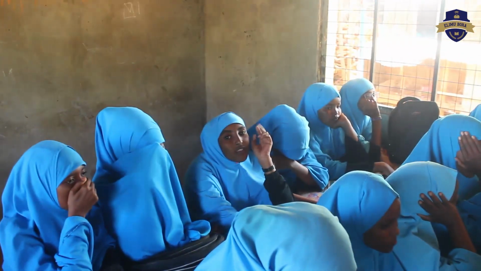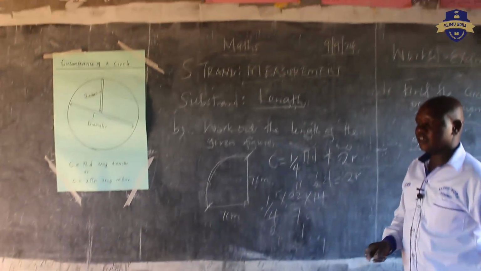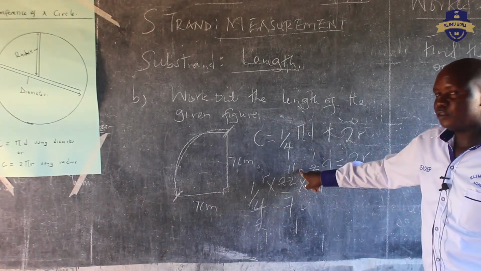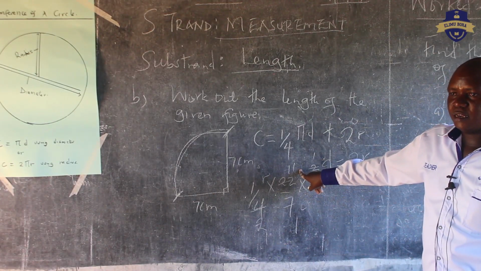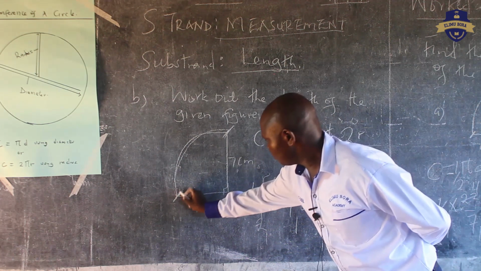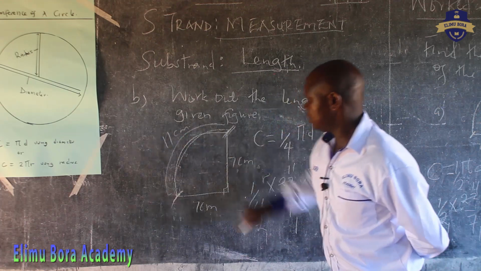So this one goes here 1, here 2, here 1, 2, 1, 11. Wewe, stop talking. You have 11, isn't it? Now, that is the distance from here up to here. All this gives you 11 centimeter.